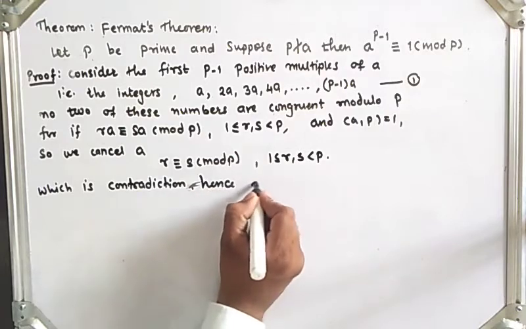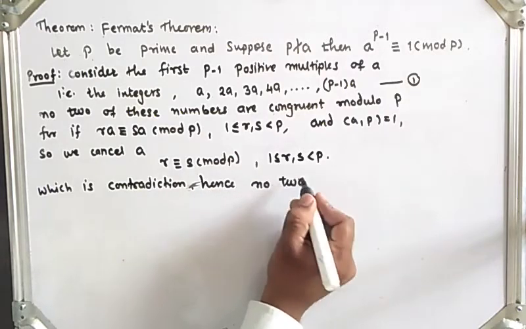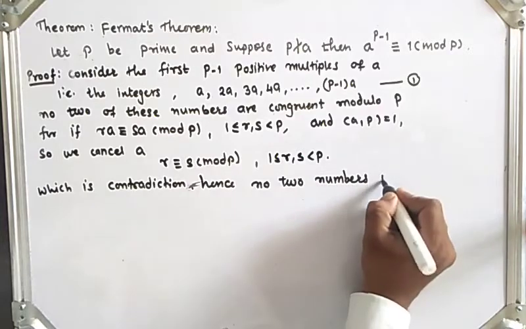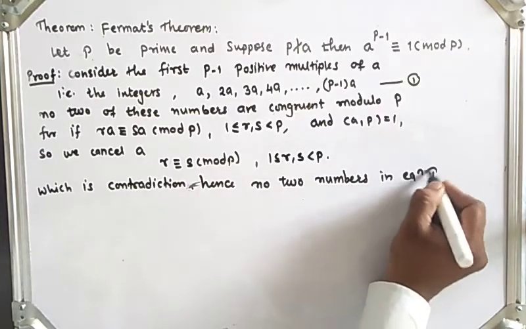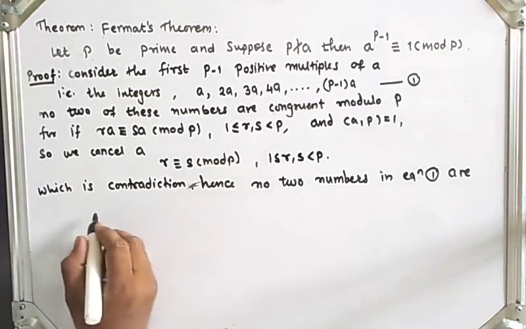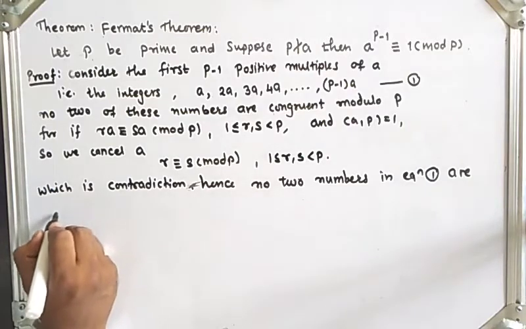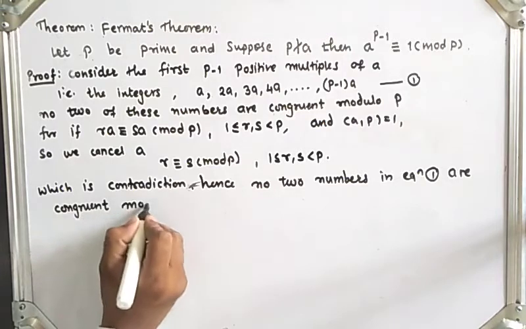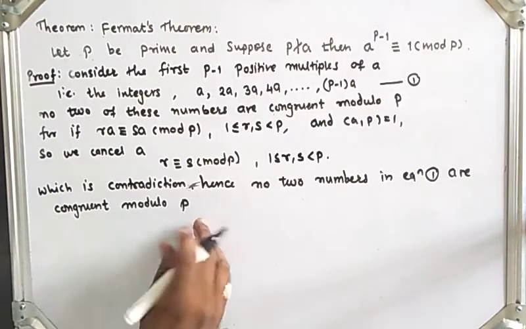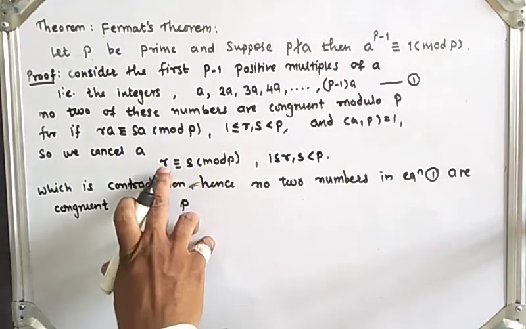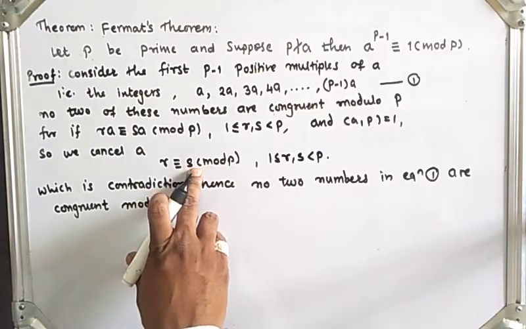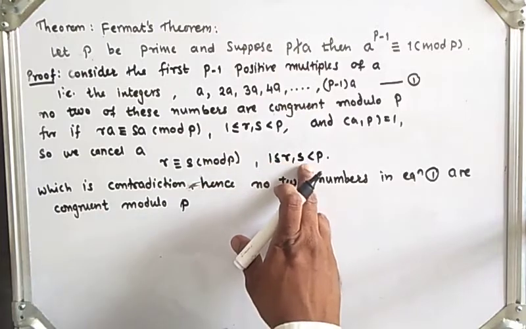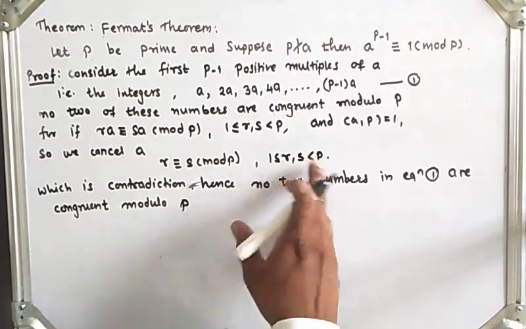Hence no two numbers in equation 1 are congruent modulo p, because if they were congruent, r and s would leave the same remainder when divided by p, but r and s are distinct numbers which lie between 1 and p.